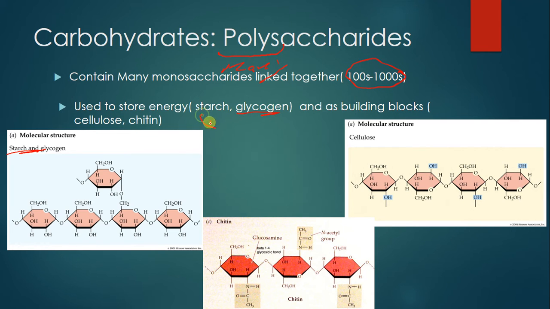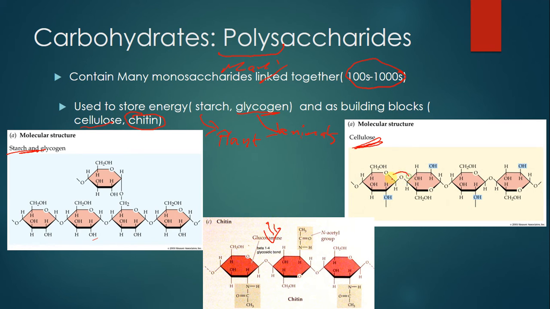Starch is used for storage of nutrients in plants, and glycogen is what animals and humans use to store energy in our livers. So starch and glycogen look kind of like branched structures of glucose, store energy, and they can be used as building blocks, like cellulose in plants. Right here we've got some cellulose, and chitin, which makes the shells of, like, shrimp.